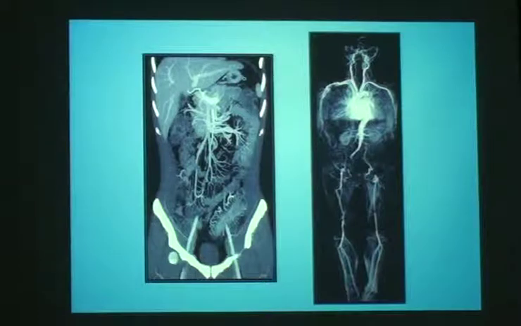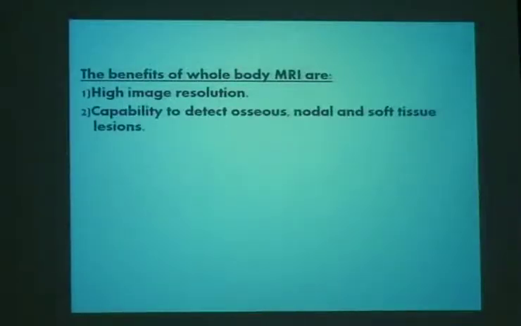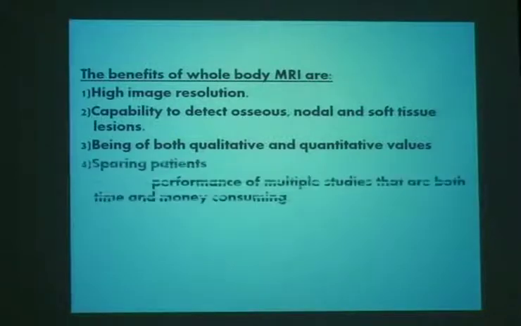of vascular malformations. The benefits of whole body MRI include the high image resolution and the capability to detect osseous, nodal, and soft tissue lesions, being of both qualitative and quantitative value through the integration of diffusion-weighted imaging and IV contrast in a dynamic fashion with creation of perfusion maps.